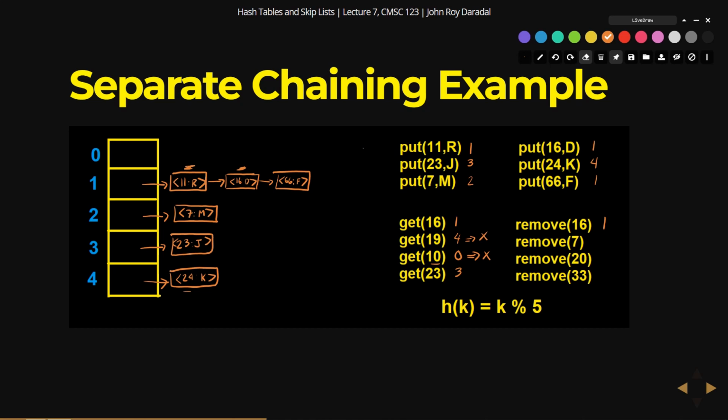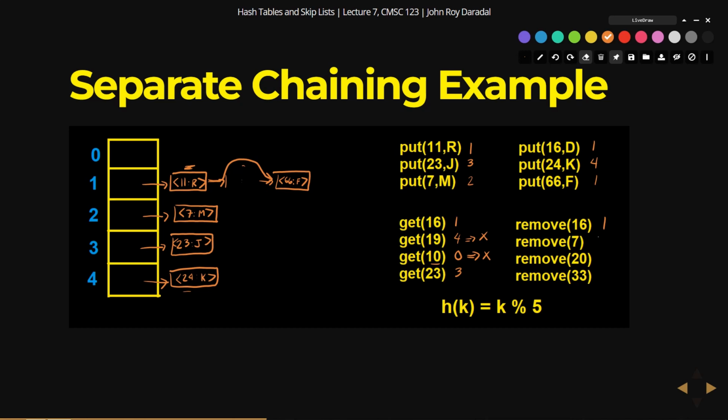So what will happen is we'll have to delete this, and we'll have to link this to here. So now that it's deleted, the only two left are 11 and 66, and we have to relink this also, right?